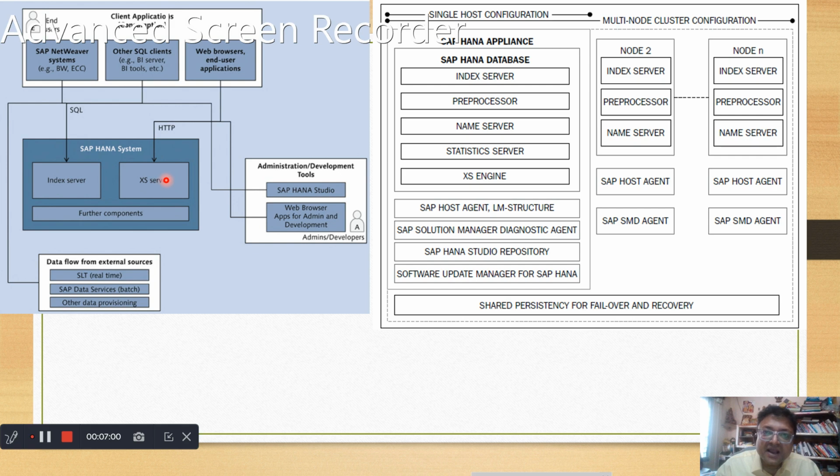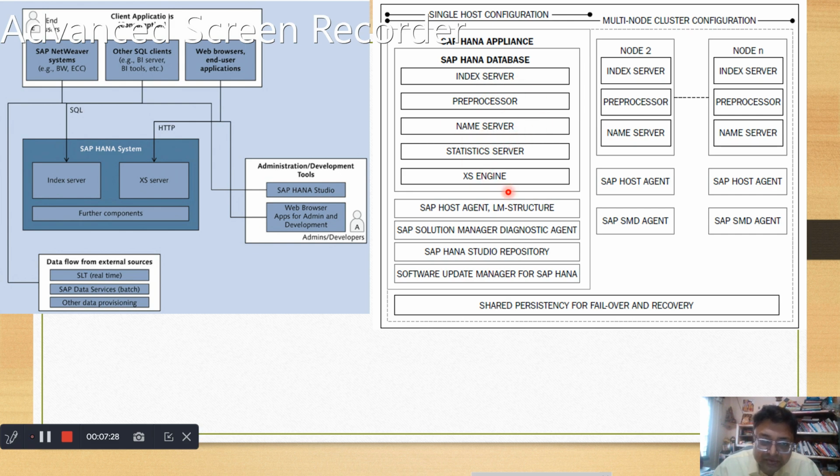If we see the other diagram here, you will see different nodes. High availability is if one node is down, it goes to the other node. Here you will see index server, preprocessor, name server. That is basically the next diagram which I am going to discuss. But see this, the HANA appliance has index server, preprocessor, name server, statistics server, access engine. What are these?